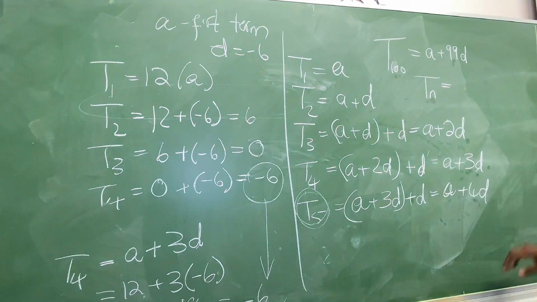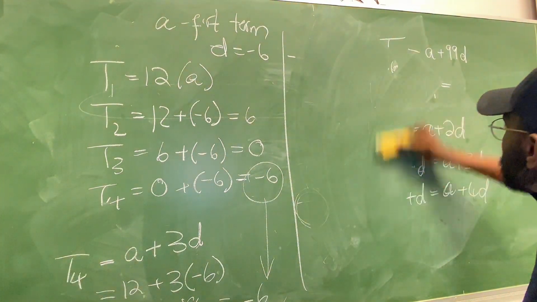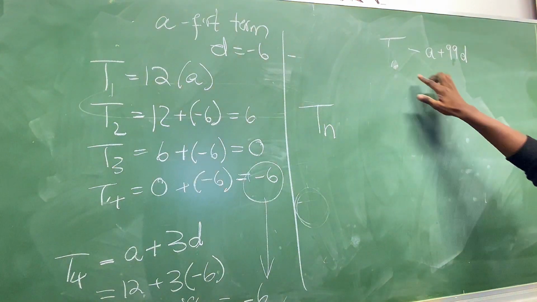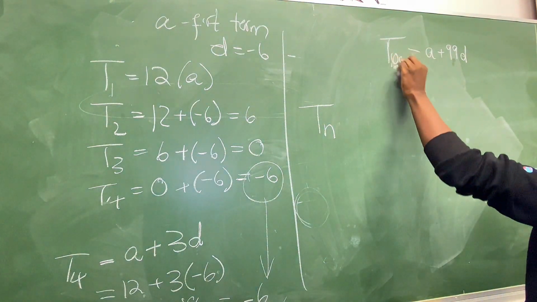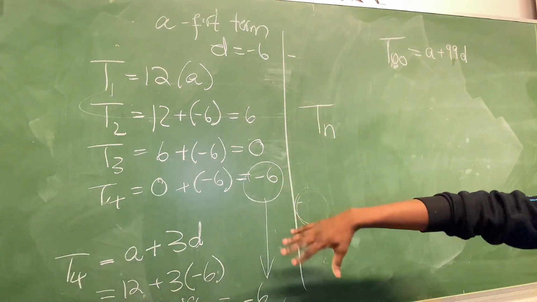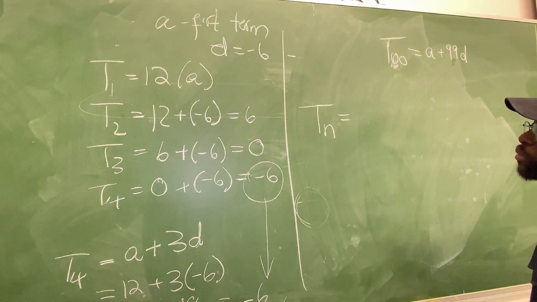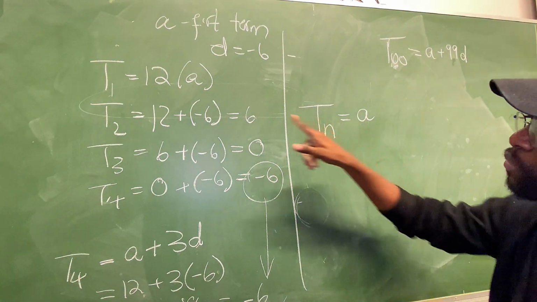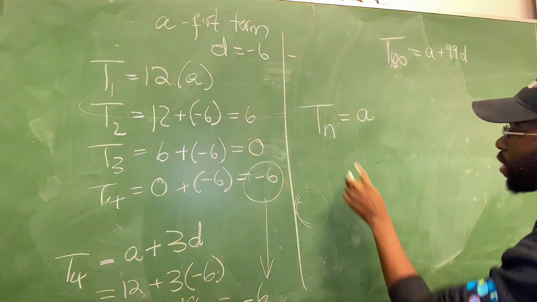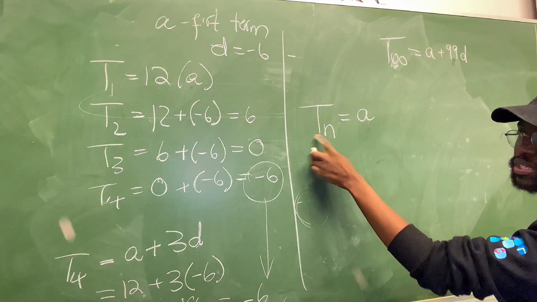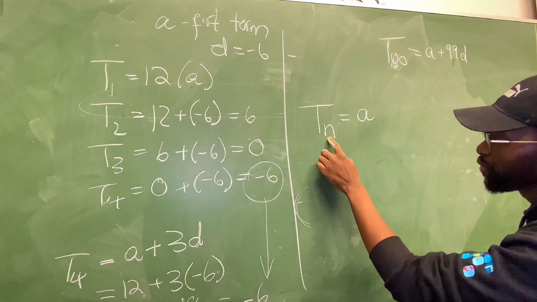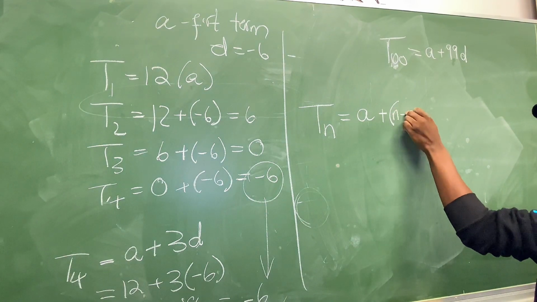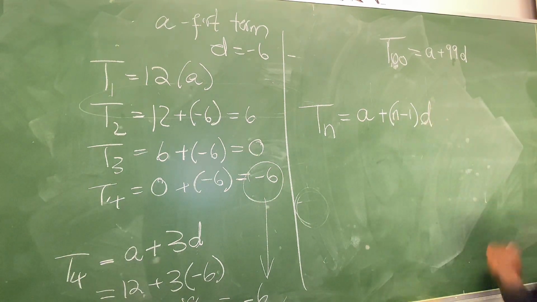To find Tn, as we found out with all the examples we've done so far, we are going to take the first term, A, and we're going to add one less than the position of the term. So if the term is n, then we are going to add n minus 1 times d.